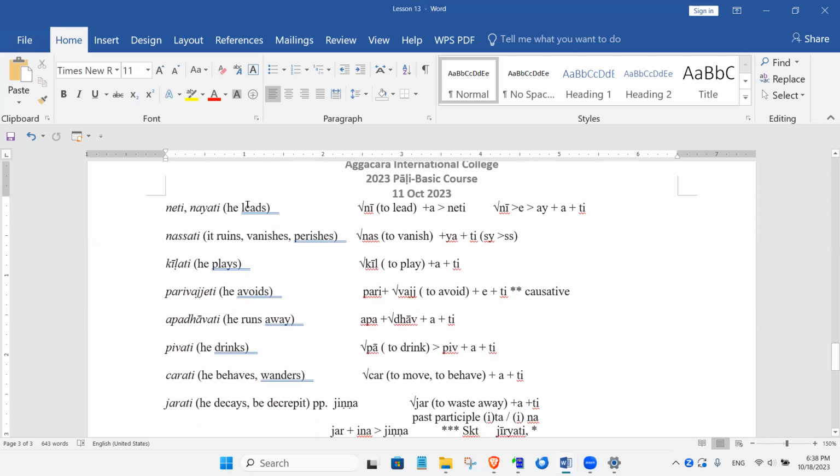Neti, nayati: he leads. Ni plus a. So neti. So here ni becomes ne plus aya. Then you get neti or nayati.